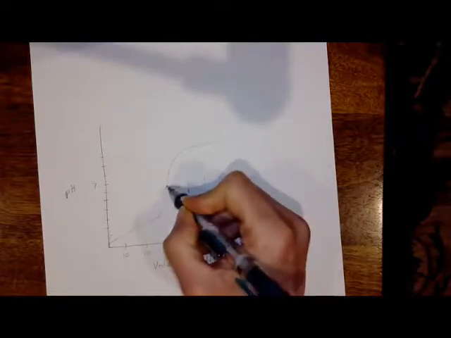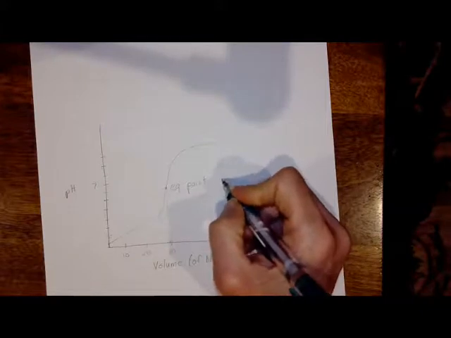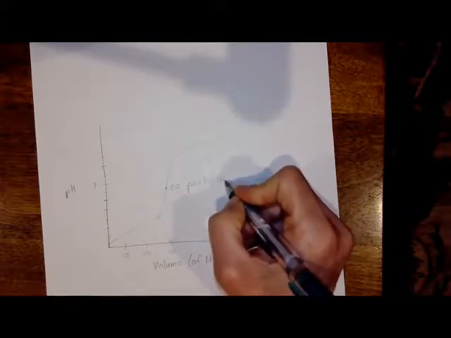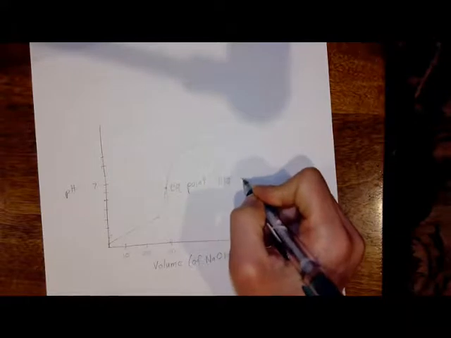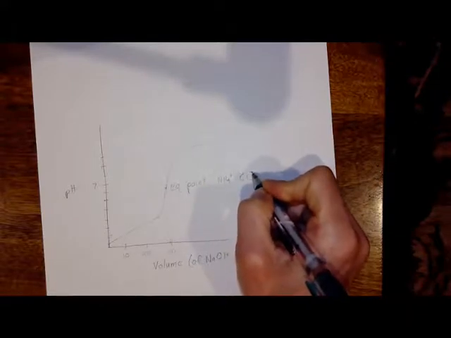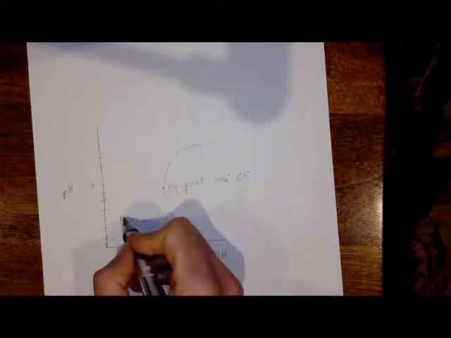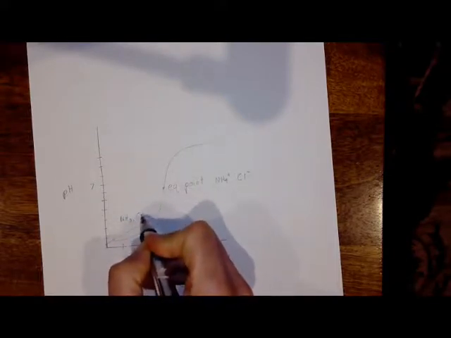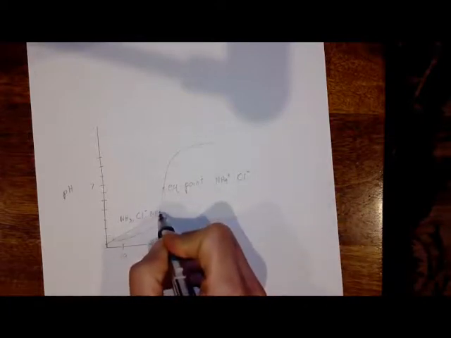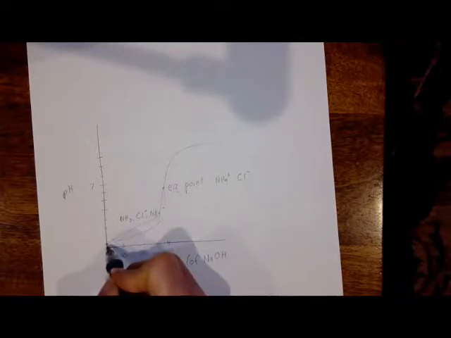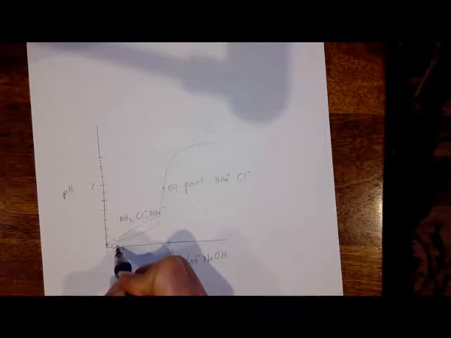At this point, our predominant species in solution are the ammonium ion and the chloride ion. Here in this section of the graph, our predominant species are ammonia, chloride ion, and ammonium ion. Here at the beginning, our predominant species are hydrogen ion and chloride ion.